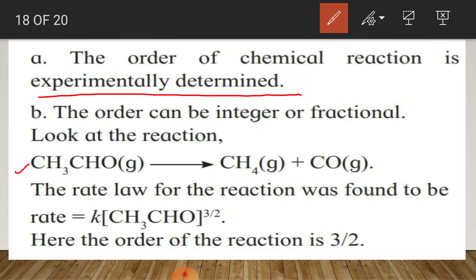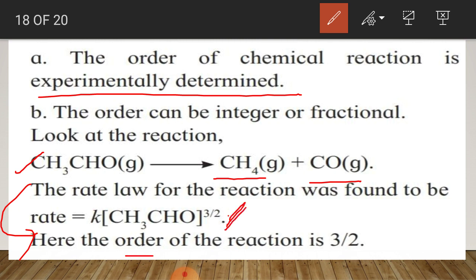Suppose this is the reaction: CH3CHO reacts and gives you CH4 plus CO. The rate law for the reaction is found to be rate equals K[CH3CHO] raised to x, where x is equal to 3/2, which is a fraction.